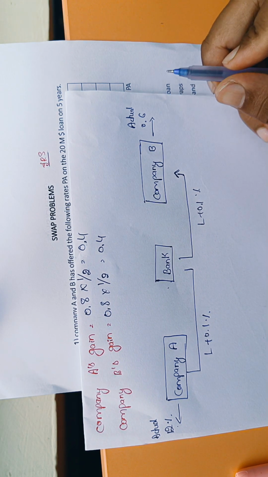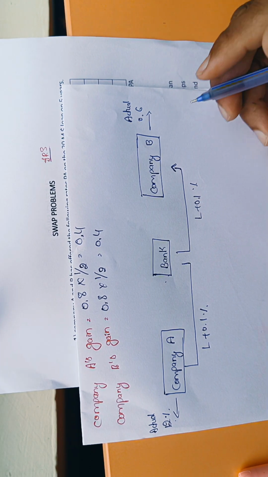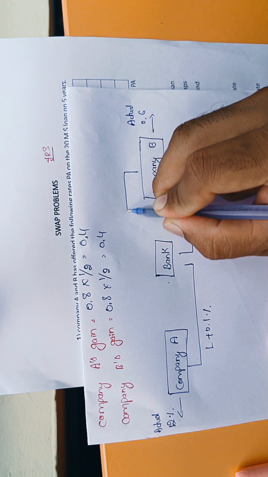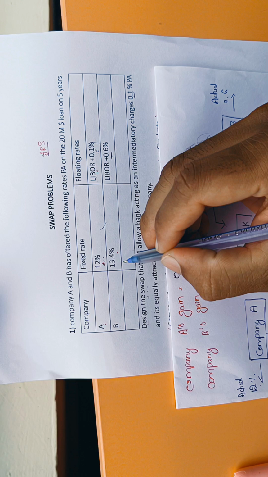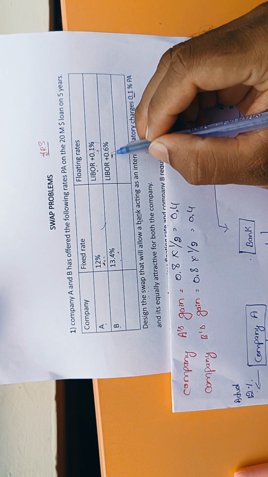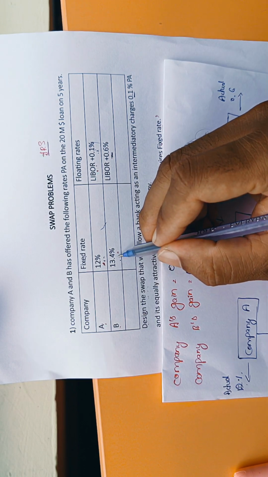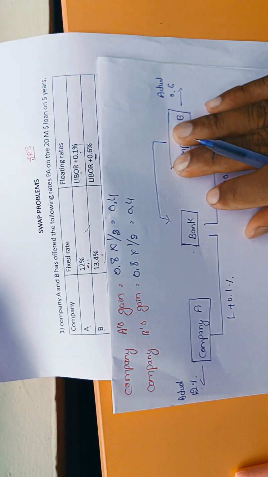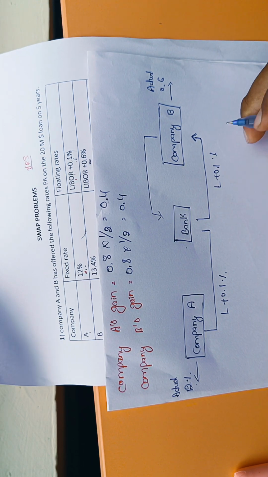So now company should exchange this floating rate with fixed rate. Now company B has to pay the bank. How much will it pay? Company is paying 0.6, but needs to exchange with a fixed rate 13.4. Do you think company B will pay the bank how much?